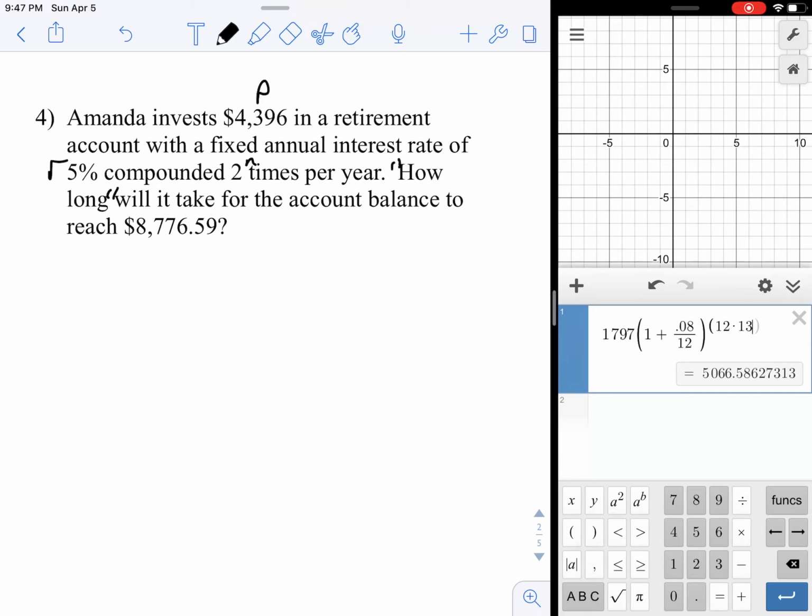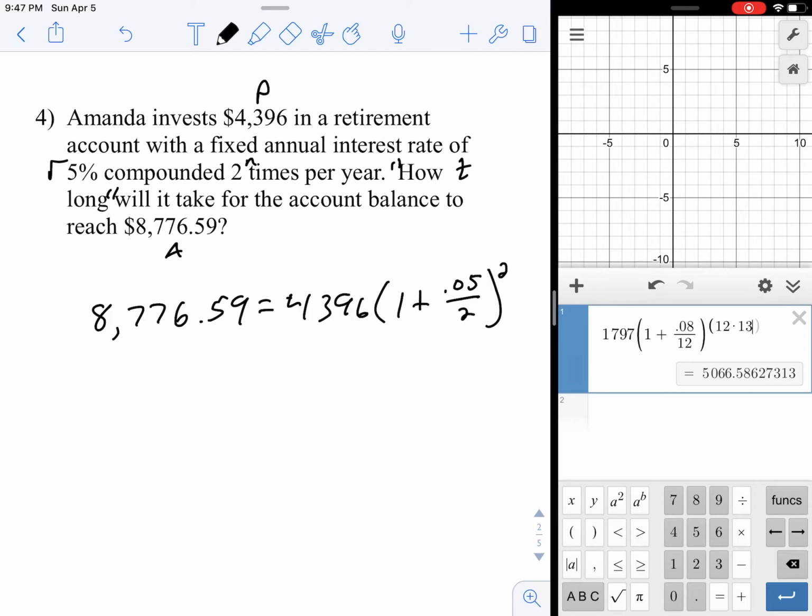How long will it take means that t is unknown, and this is the final amount. So when we set it up in the formula, 8776.59 is on the left. 4396 parenthesis 1 plus 0.05 over 2 to the 2t power. This is what we need to solve.